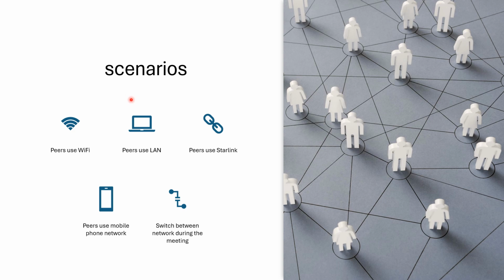I evaluate five scenarios in this presentation. I show you all peers on Wi-Fi, on wireline, on Starlink, and on a cellular network, and the case where a peer switches networks from Starlink to Wi-Fi and LAN to Wi-Fi, so we can compare WebRTC across these different link types.